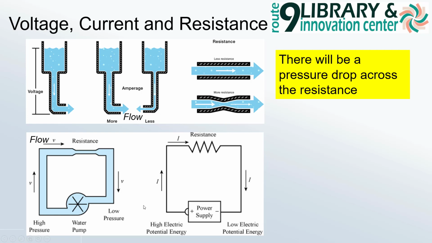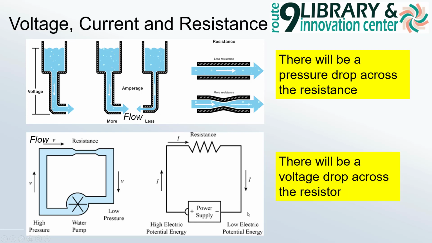When we go to our electrical system, we have our power supply or battery, we have our conventional current flowing through it, and we have a resistance. Here we have a higher potential, and there we have the lower potential. And just like the water analogy, we're going to have a voltage drop across this resistor. It's going to be higher here than there because essentially we're reducing the amount of current flowing through here.